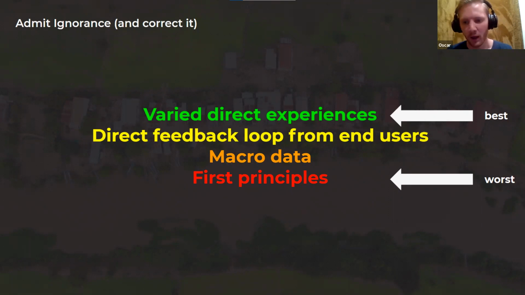That's macro data. And the last and worst way to design a product is just from first principles. And to be honest, in most of the design challenges that I've seen in the past, a lot of people focus on these bottom two elements as their primary tools. And that is the kind of thinking that ultimately produces designs like that energy generating soccer ball.